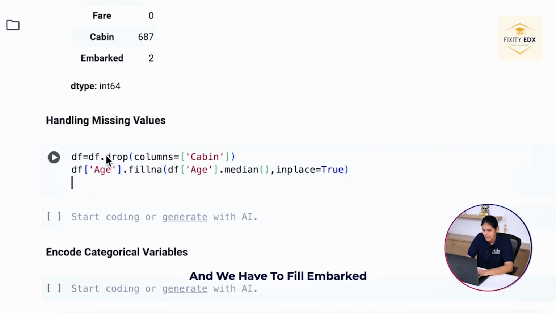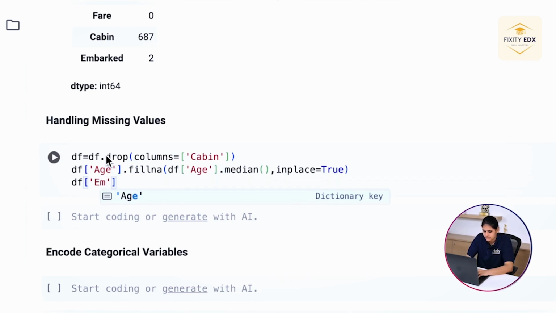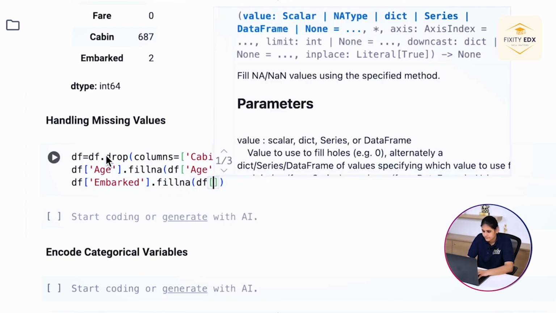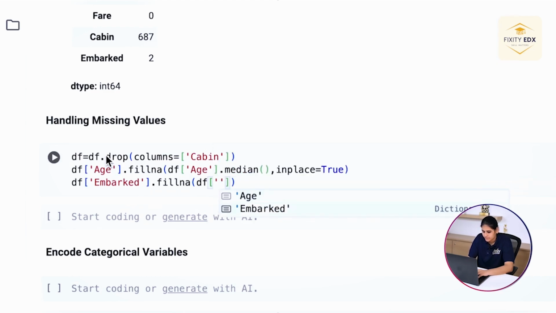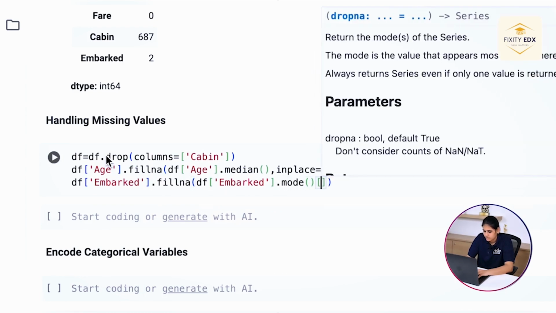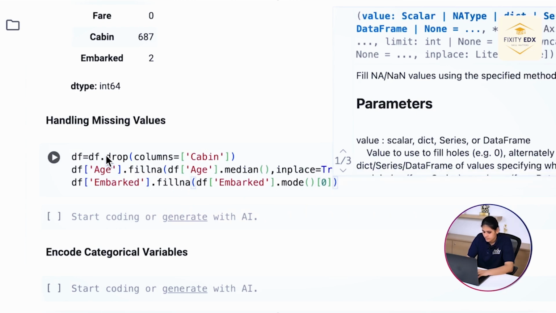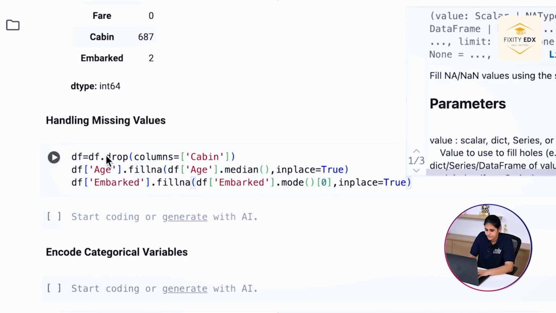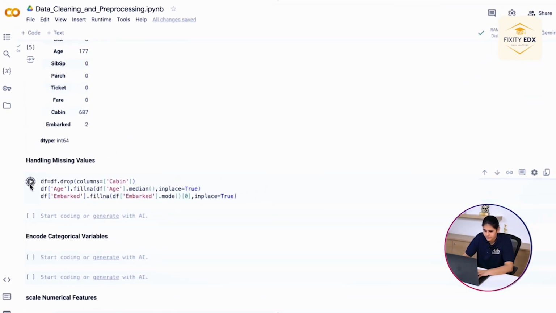And we have to fill embarked values. df['Embarked'].fillna(df['Embarked'].mode()[0], inplace=True). Run this.